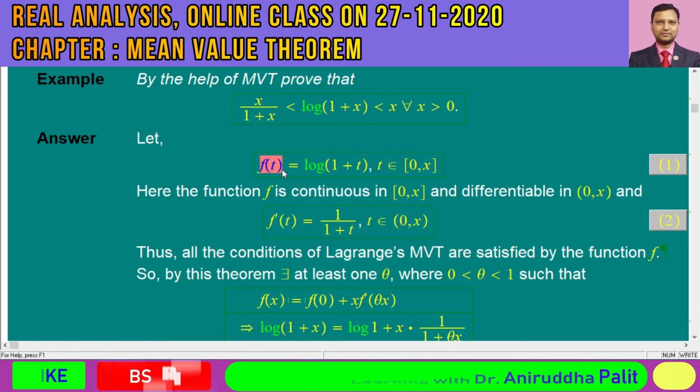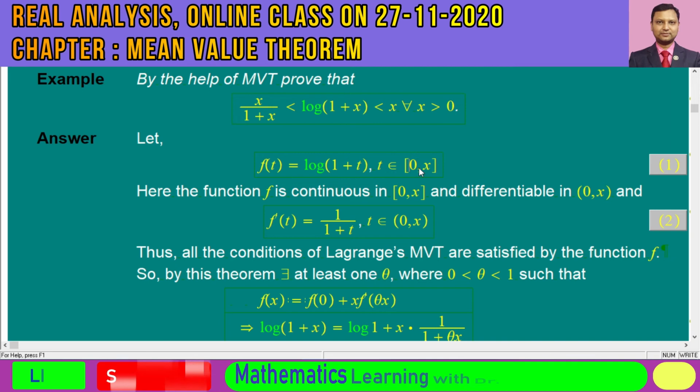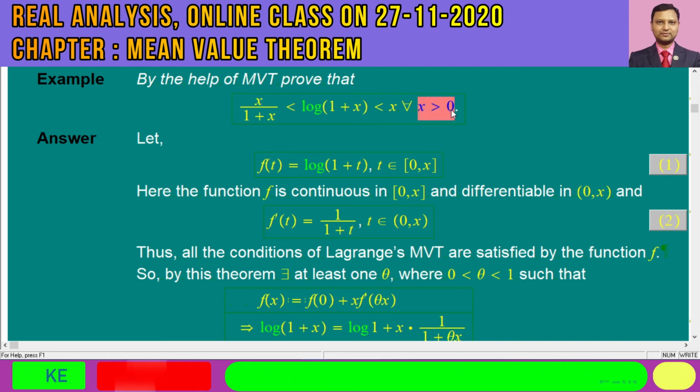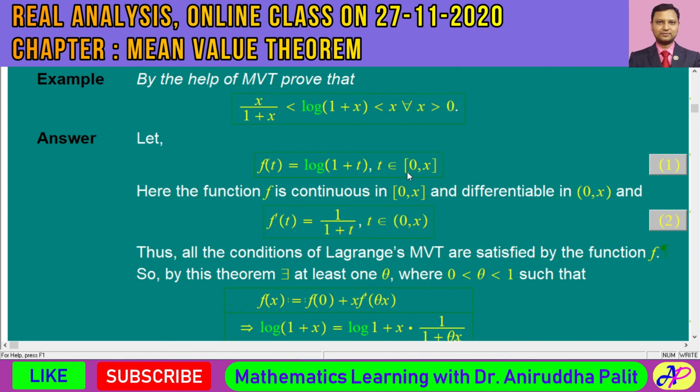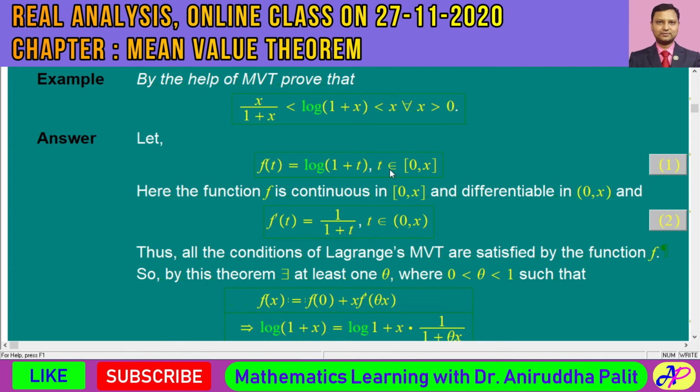So we are taking f of t equal to log of 1 plus t for t belonging to the interval 0 comma x. We are given that x is a positive quantity. Now, we need to check whether we can apply the mean value theorem to this function.